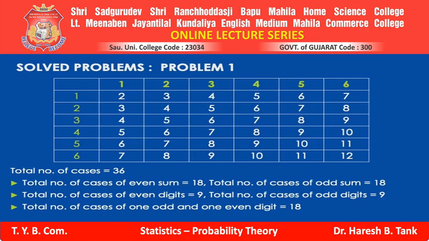Before starting this example, first of all, let us have a tabulated form, row-wise and column-wise. Two dice are thrown, 1 to 6 row-wise and 1 to 6 column-wise. All the cells in between of these two are to be filled up using the respective sum.